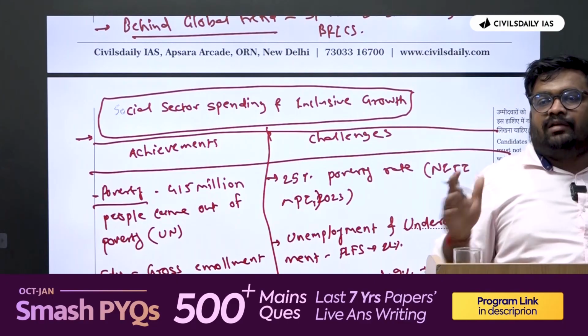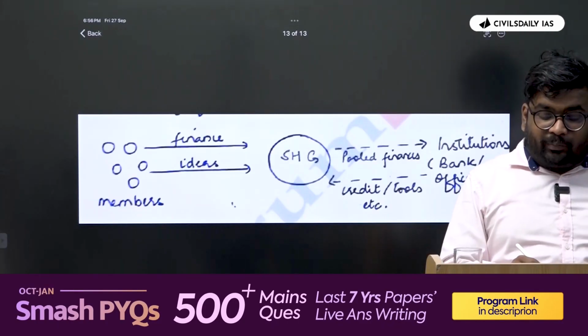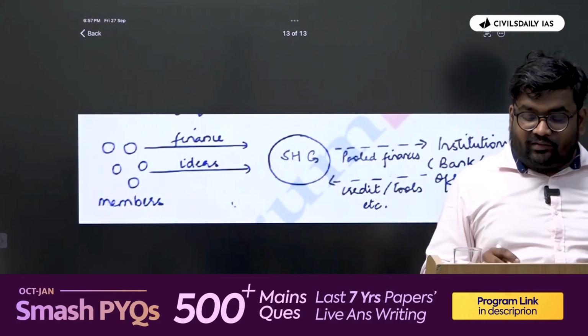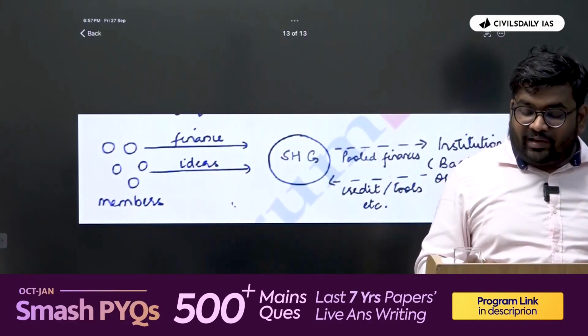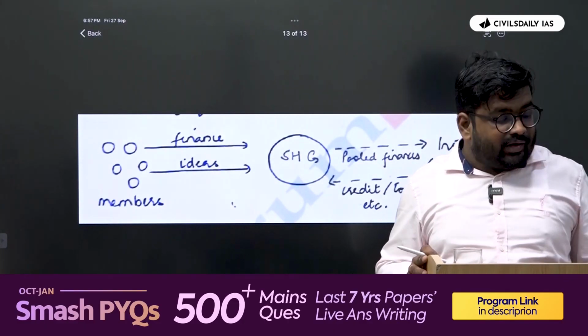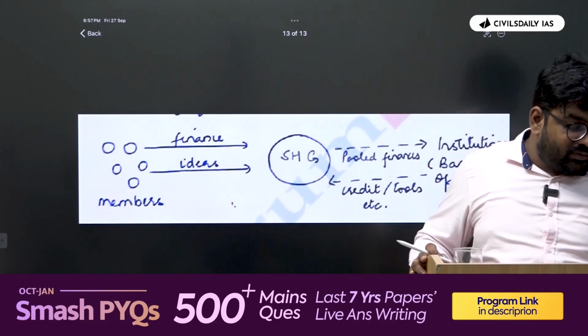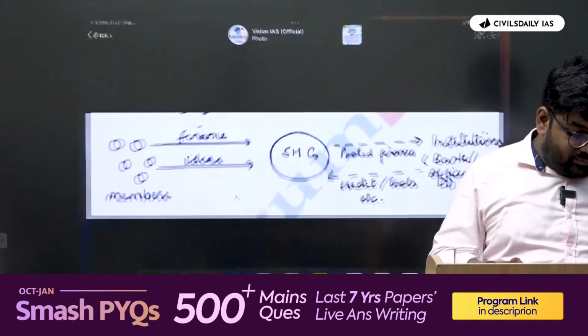For example, self-help group. So the self-help group had a simple diagram. People pool the finances and ideas, form an SHG. Then the SHG pooled finances go to the bank, and from the bank credit comes to the self-help group. Okay.